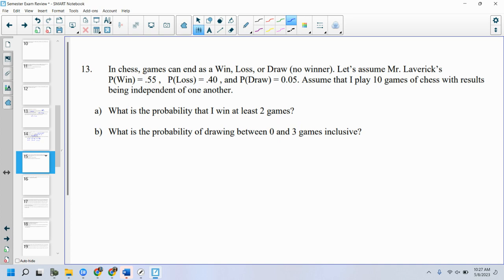So that means I want to do this. 1 minus the probability of winning 1 game plus the probability of winning no games at all. Because is that an option? Yeah. Does that make sense?